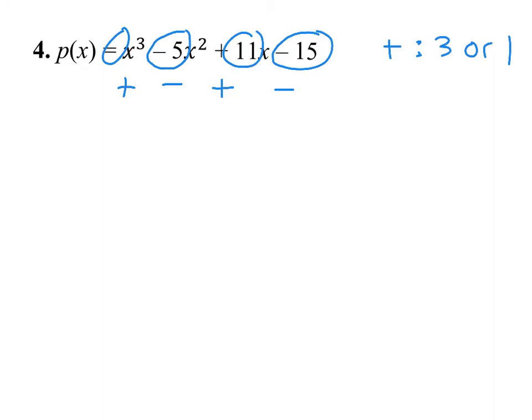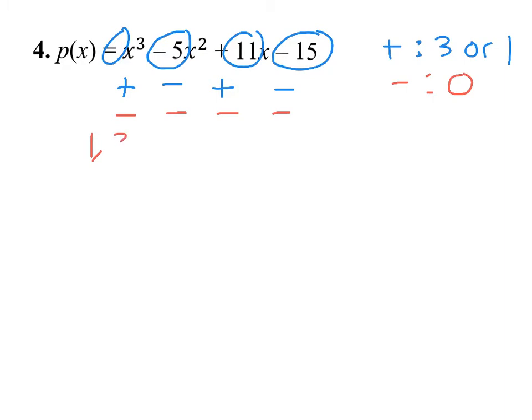Plugging in negative x, this would be negative. This one would stay negative. This one would be negative. This one would be negative. So again, we don't have any negative roots, so we're not going to guess any negative numbers. And so this time I'm not going to write plus or minus for my list because we already know that no negatives will work.